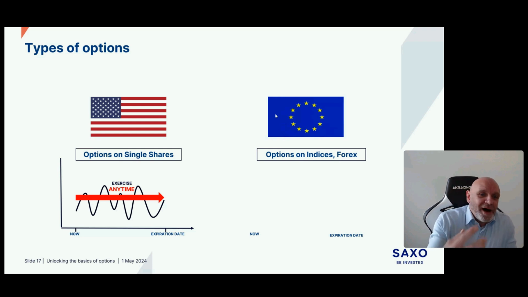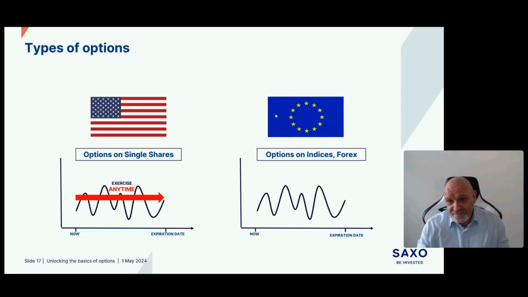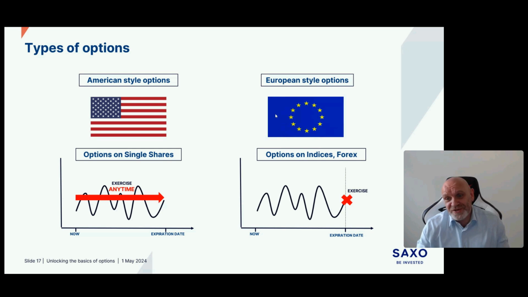I want to buy my shares, which correspond to my option, or in case of a put option, I want to sell those shares, and that can be any time before the expiration or on the expiration itself. The European style options are the same, but you can only do the exercising at the moment of expiration.